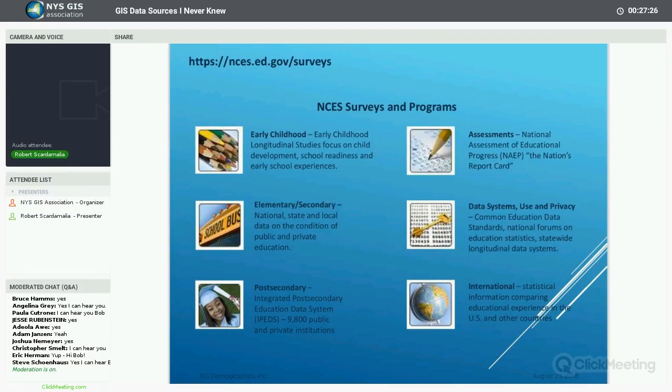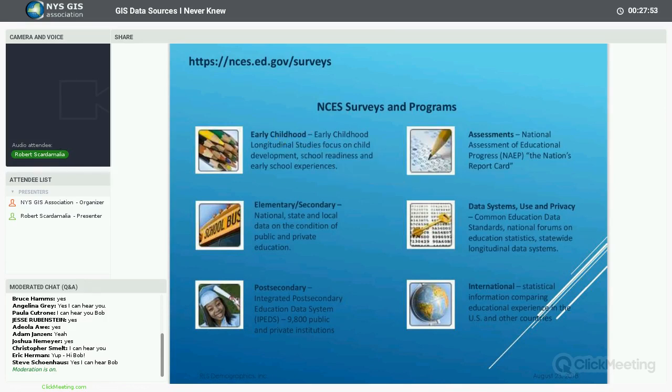And that data is available in a variety of ways at various geographic levels. Again, you can imagine a lot of data related to education and students is confidential, and so getting into individual information and very small area geographies is sometimes difficult. But early childhood data, larger geographies, but important information.